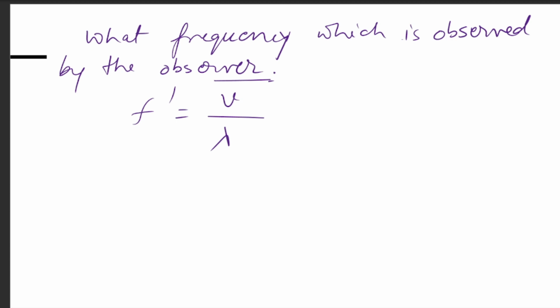So this time, unlike when the source was moving, we are going to use the concept of relative velocity here. So I will write here VR, just for simplicity, relative velocity.